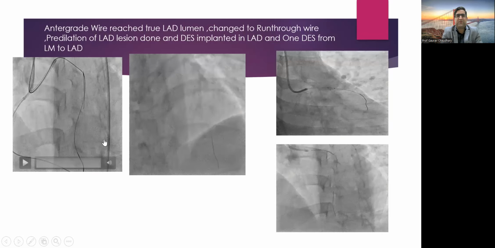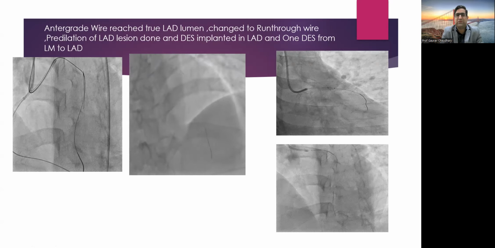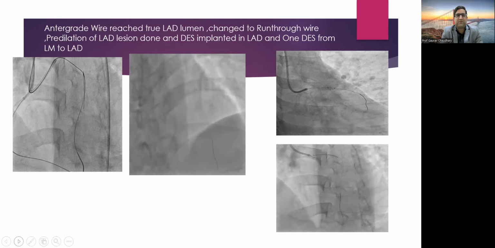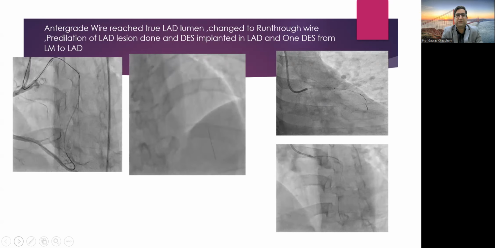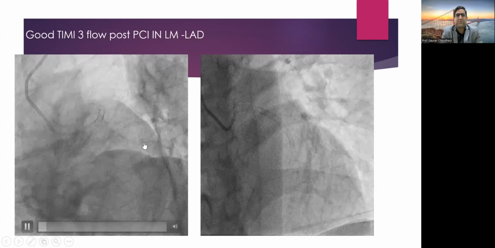Then many times we would be successful. So the antegrade wire was negotiated and it could reach the true lumen, and the wire was downgraded to a run-through wire. Then things were a bit difficult due to the fibrocalcific segment, but ultimately, gradually and sequentially dilating with small balloons, we dilated this segment, and we implanted stents from the LM to the LAD because there was a problem.